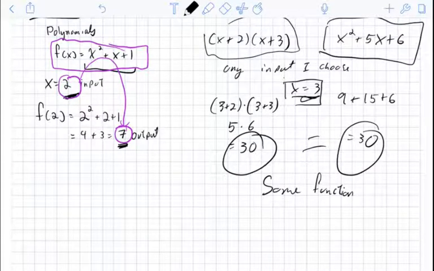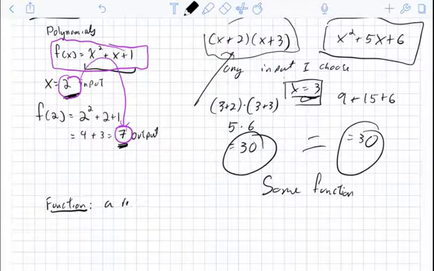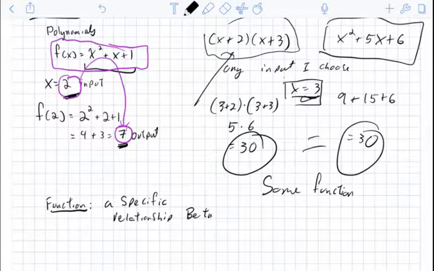Because the function isn't how it looks on the page. That's not the function. The function's a relationship between numbers. Wait, hold on. It's a specific relationship between input numbers and output numbers.